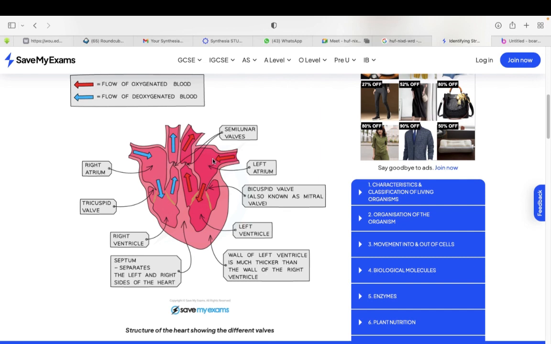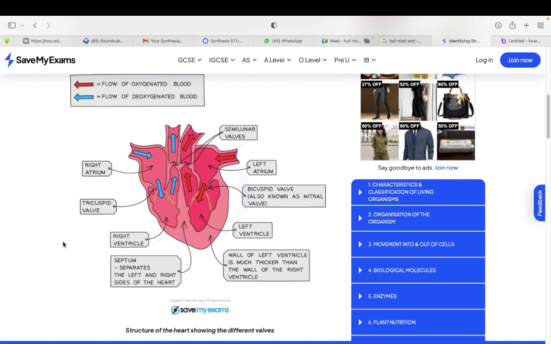It only opens when the atrium contracts. When the atrium contracts, this bicuspid valve will open and the blood can flow here. But when the left ventricle contracts, this bicuspid valve will close, so the blood can only flow this way, and cannot flow this way anymore. The blood flows this way and goes to the rest of the body.